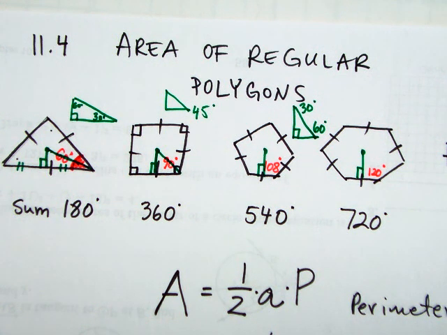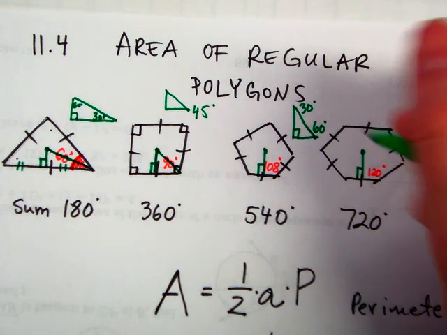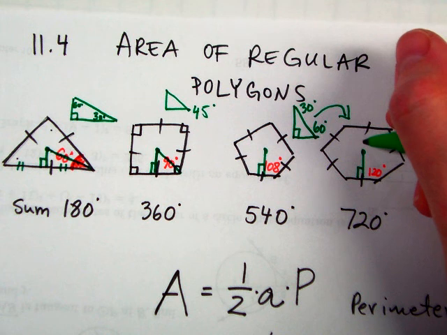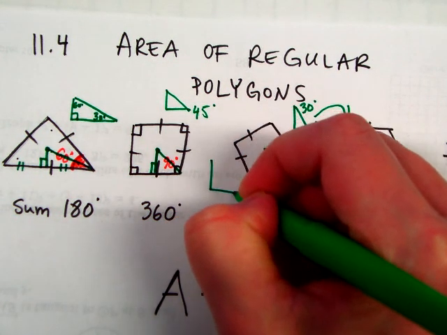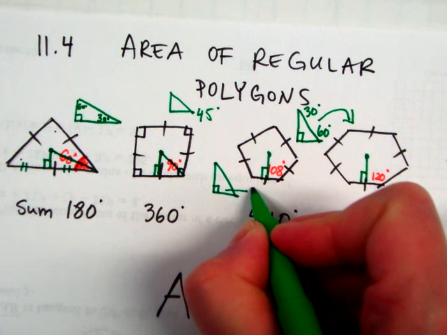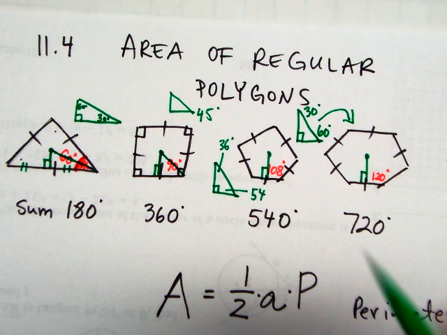So it has hexagon or pentagon? Oh shoot, pentagon. Good call. That's for a hexagon. Thanks, Daniel. That's for the hexagon. What is it for a pentagon? So this one is 54. What's the top one? 36. For a pentagon, 36, 54.